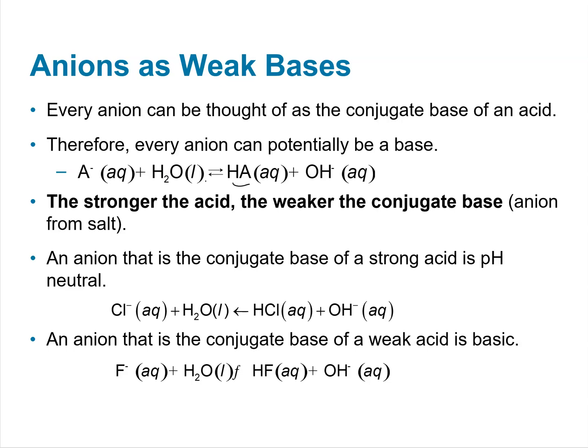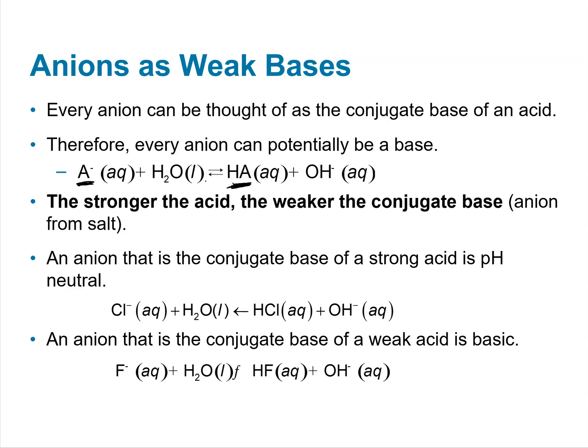So the stronger the acid, the weaker the conjugate base. This is really important. The stronger this is, the weaker this is. And let's rationalize that really fast. If this is a great acid, that means it's really good at giving up its proton.